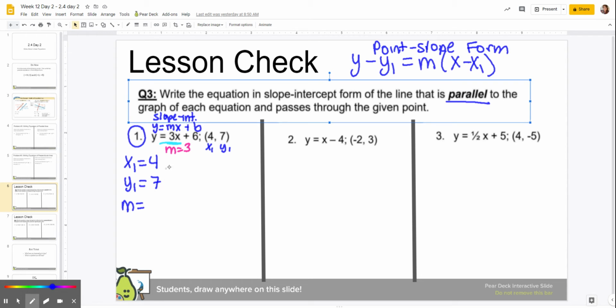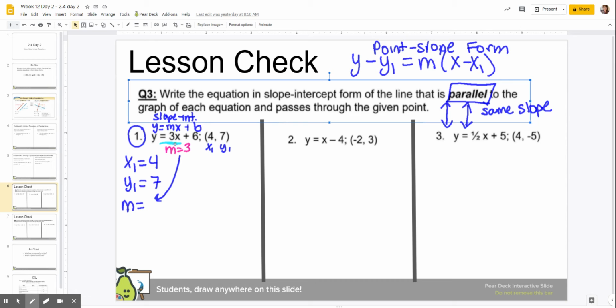Okay? So in order for me to figure out what my new slope is going to be, I need to remember what the definition of parallel means. The definition of parallel means I have two lines that never intersect. These two lines never intersect because they have the same rate of change or the same slope.